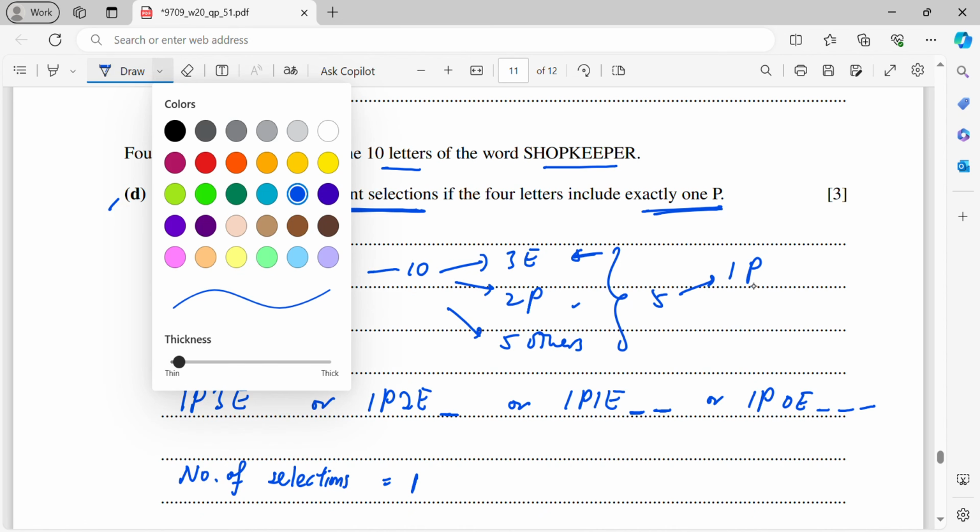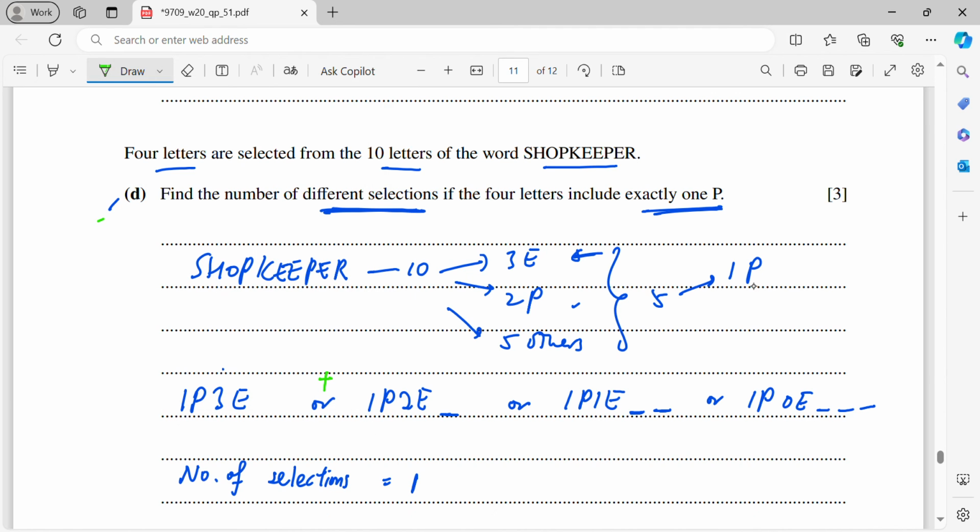Now, for your information, all this is plus. One way to choose 1 P and 2 E's, so I need to choose one from 5 others, so that is 5C1. Now, 1 P and 1 E, just one way, so you can just ignore the 1.